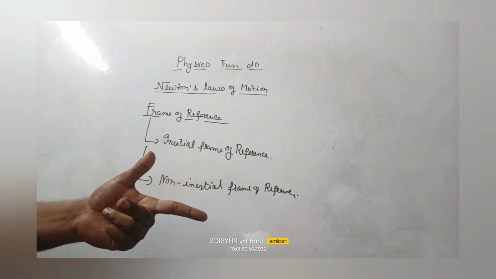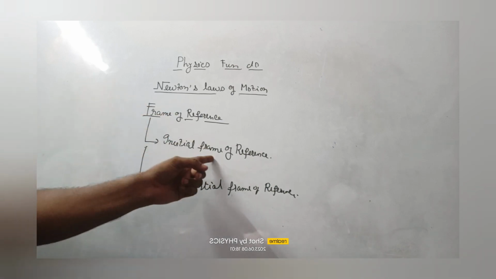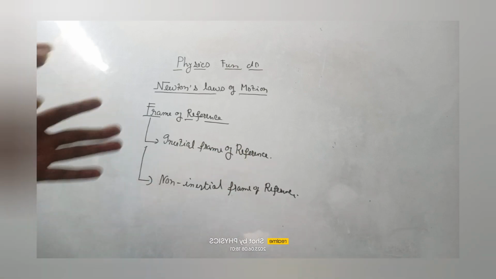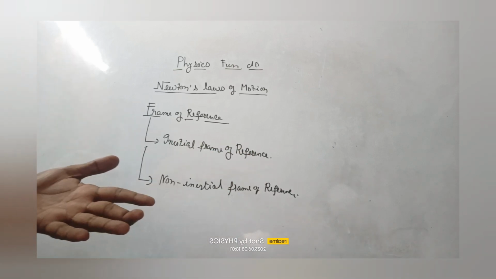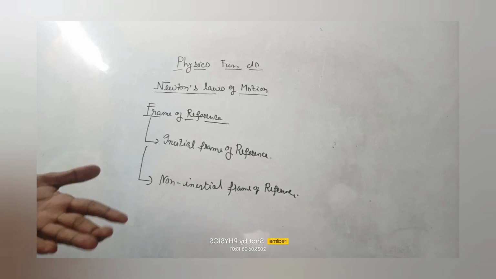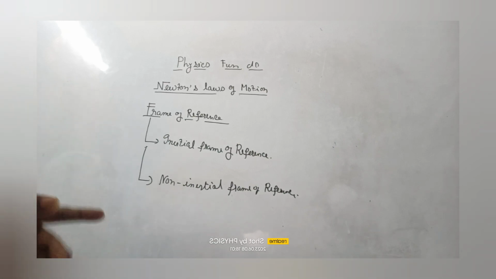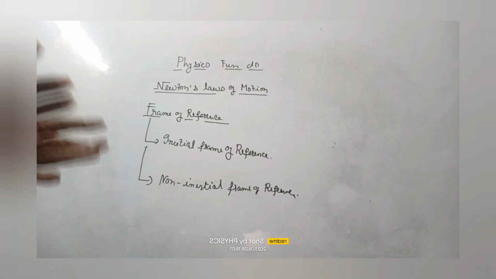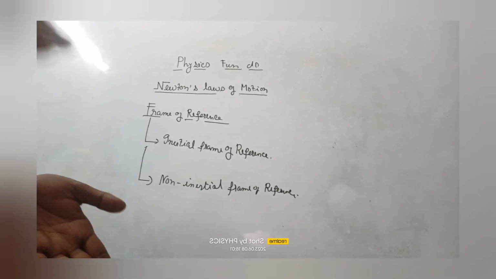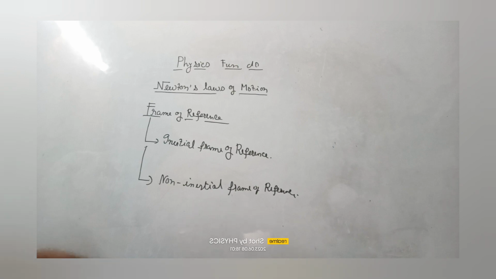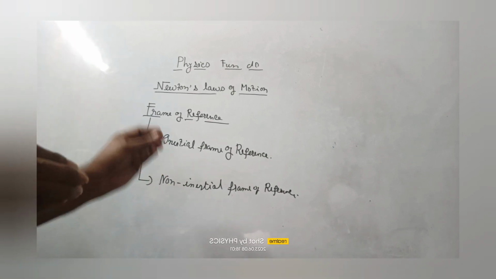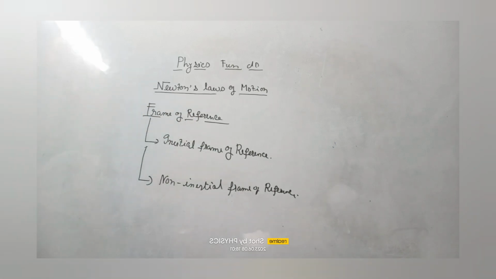That kind of frame of reference is called the inertial frame of reference. What we learned: number one, the frame of reference is at rest, or number two, it is moving with constant velocity, and number three, there is no acceleration. As there is constant velocity, the acceleration is zero.